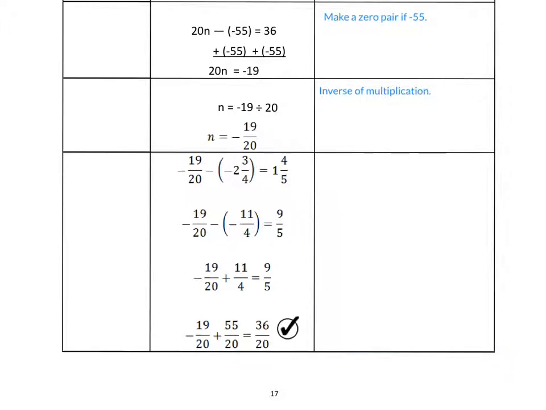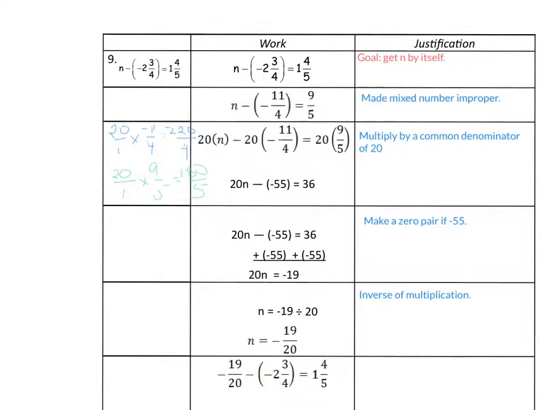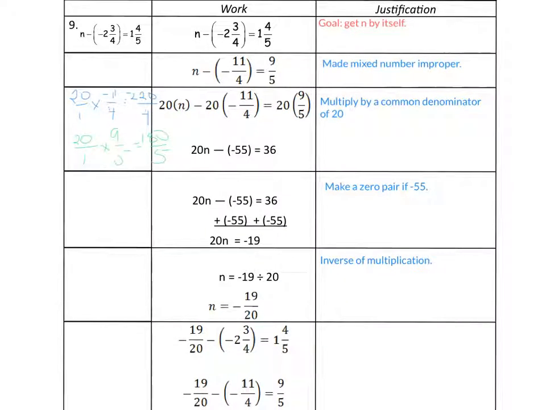So my suggestion is leave your answer as the fraction, negative 19 over 20. It's okay to leave it that way. It's not wrong to leave it that way. Sorry, I'm fixing my colors. So don't stress over it. Leave your answer as the fraction.